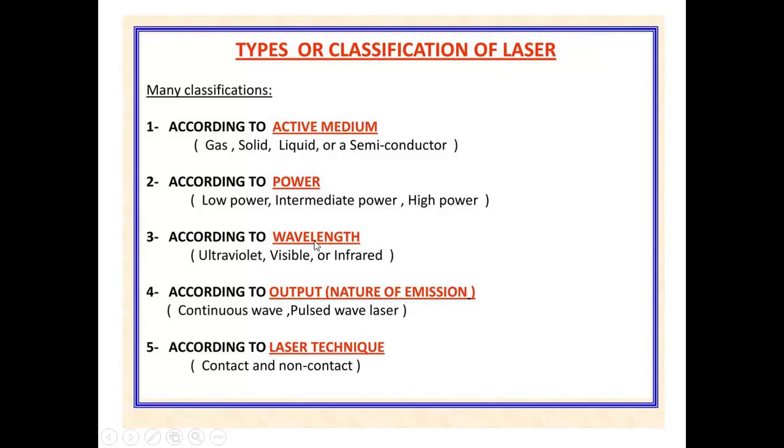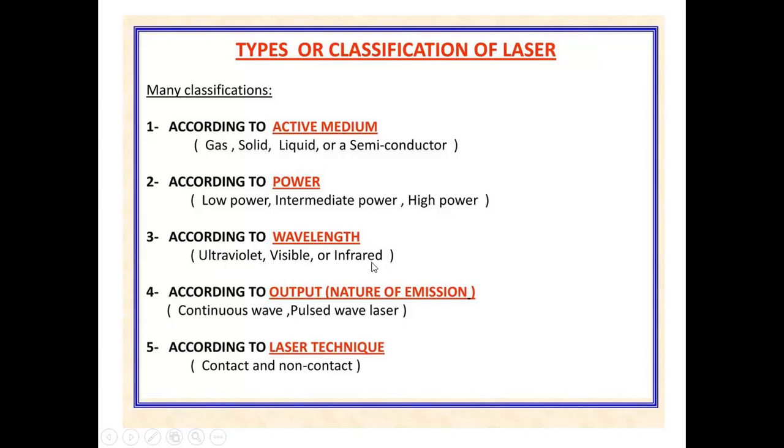According to the wavelength, as I told you, generally we see red, blue, green colors, and these lasers are in the visible range. But there is certainly a possibility to create lasing action not in the visible region but in other regions like ultraviolet or infrared.